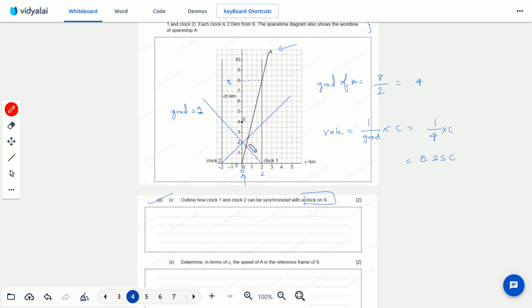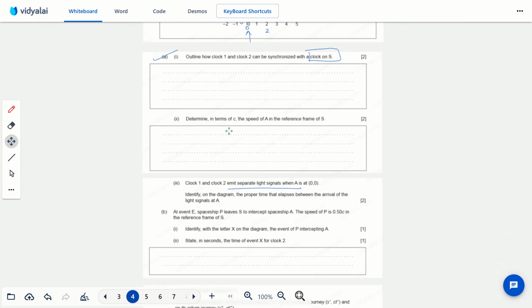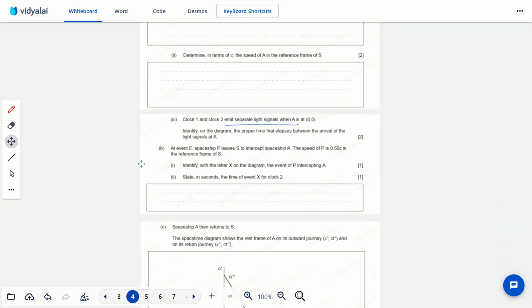And the time that has passed between these two arrivals is a line that's going down vertically according to S. But if it's according to A, you need to draw a line on this world line of A itself. Okay, so that's done. Let's move on to part B.